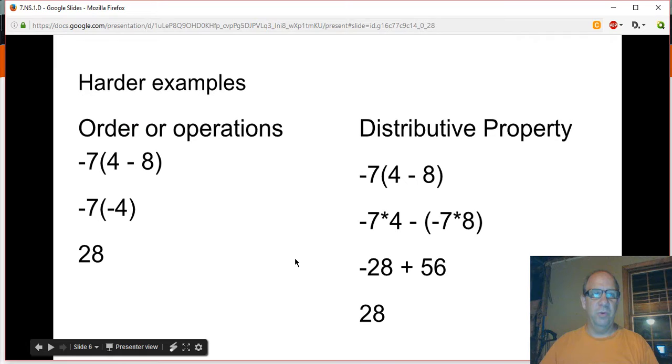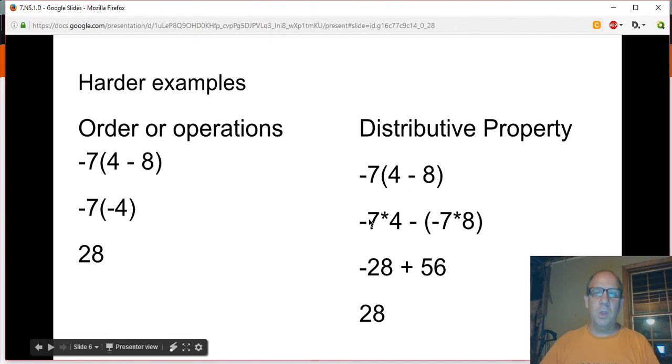Harder example is when you have negatives inside and outside the parentheses. For example, negative 7 times the quantity 4 minus 8, so 4 minus 8 is negative 4. Negative 7 times negative 4 is a positive 28. In the distributive property, negative 7 times the quantity 4 minus 8, we do negative 7 times 4 minus negative 7 times 8.